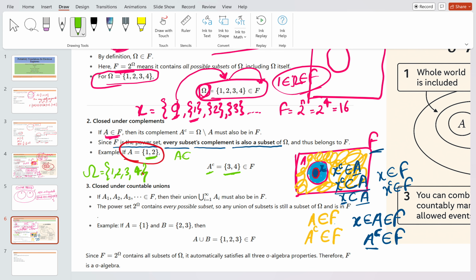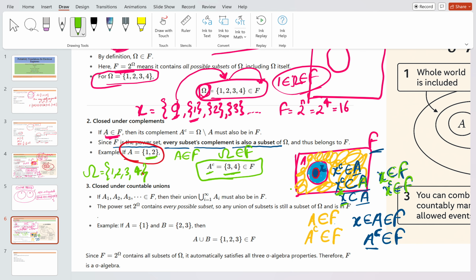If A belongs to F, then A complement will also belong to F. That is the same criterion. X belongs to A, X complement belongs to A, so X is also in F, and X complement is also in F from the same criterion. This is the second point to be understood.